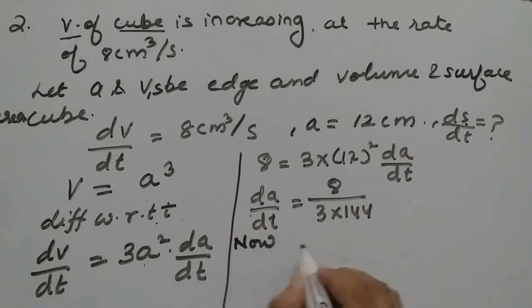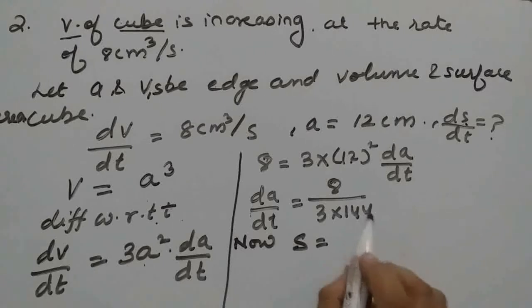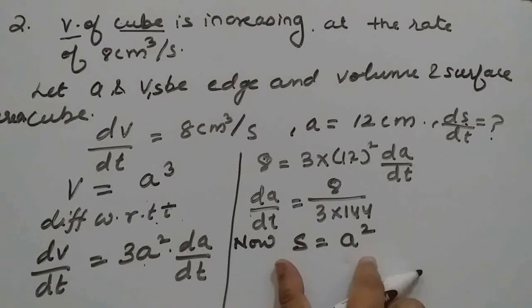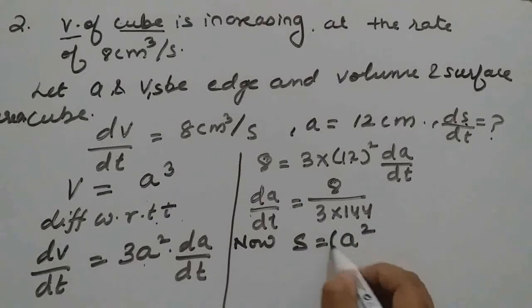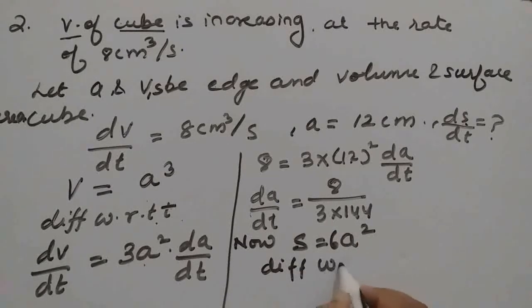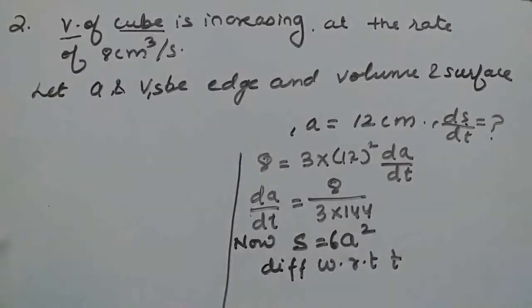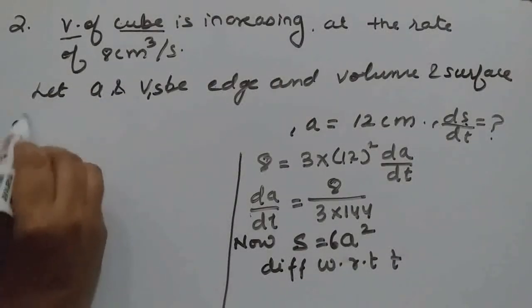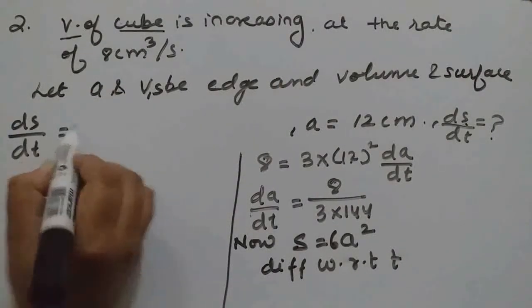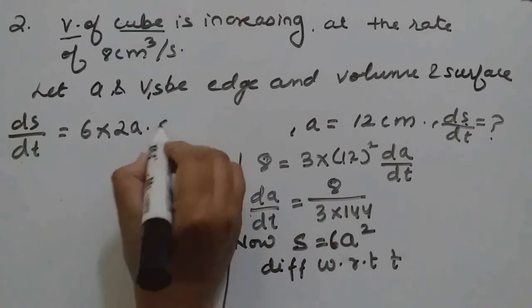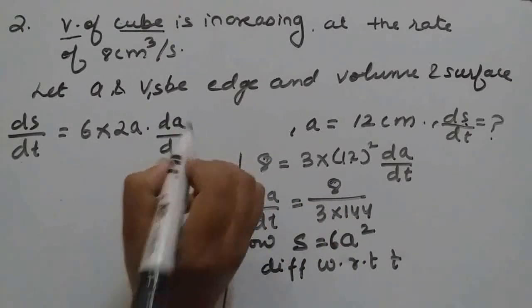Now we should find the surface area. What is the surface area formula? It is 6a square. Now differentiate with respect to t. So we will get dS by dt is equal to 6 times the derivative of a square, which means 2a, times dA by dt.